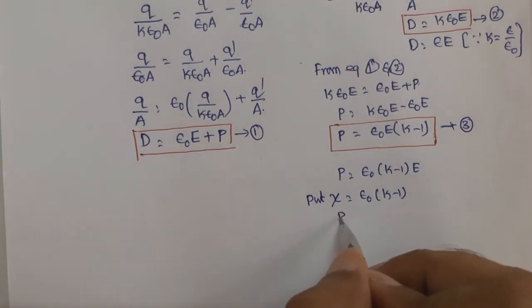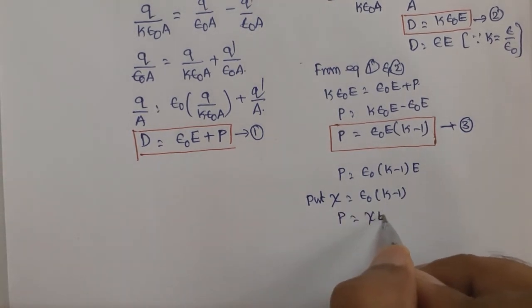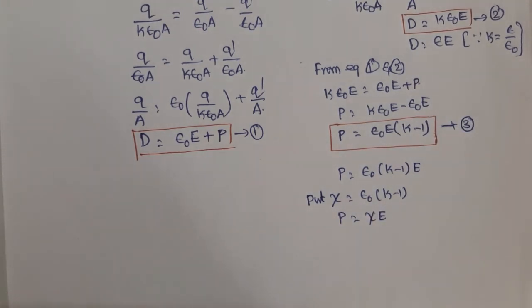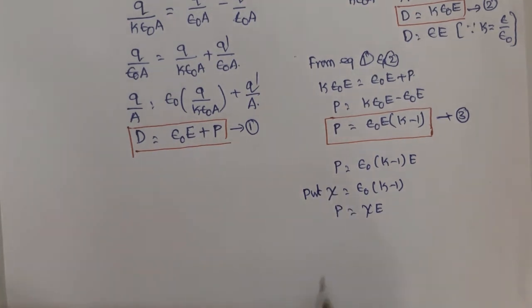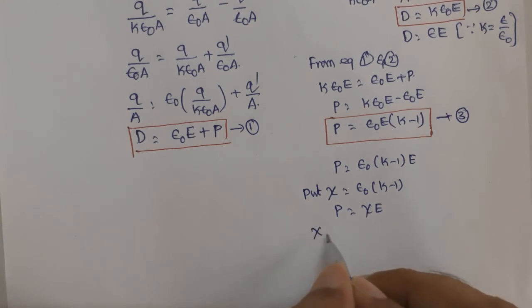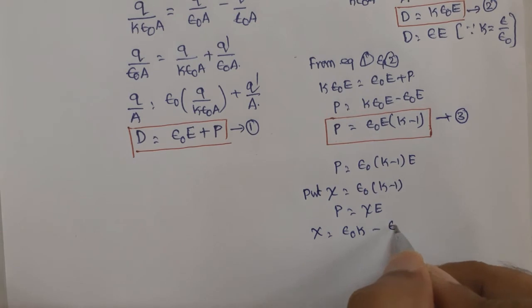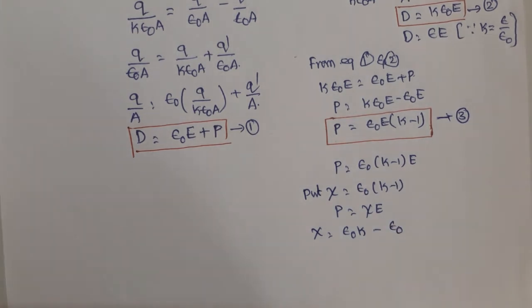Then you can write that P is equal to xi E, where xi is the susceptibility. Therefore, P is equal to xi into E. Now from this relation, xi is equal to epsilon naught K minus epsilon naught.